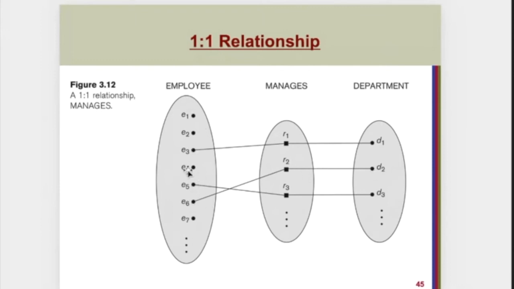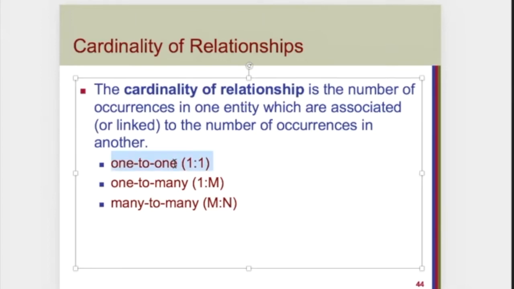So we see that one occurrence of this entity is related to exactly one occurrence of this entity. So one from here and one from here. This is called a one-to-one relationship. If one occurrence from one entity is related to exactly one occurrence of another entity, this is called one-to-one.